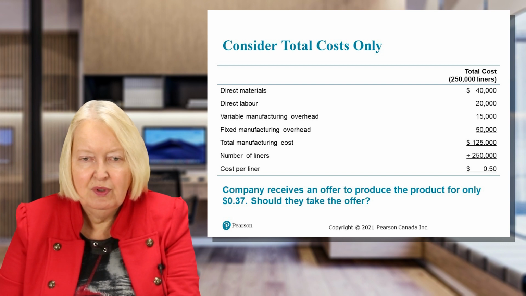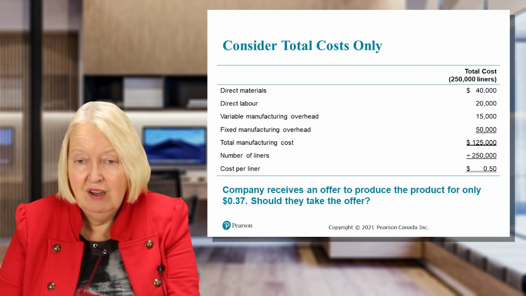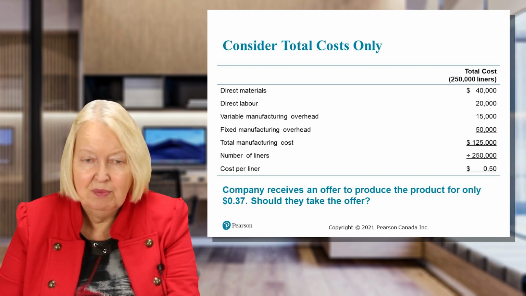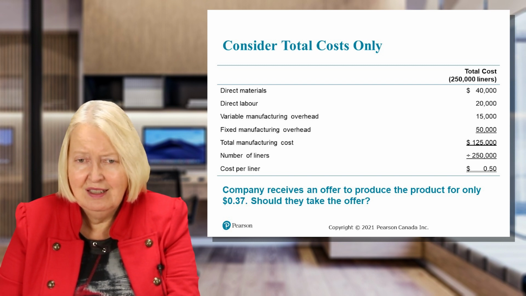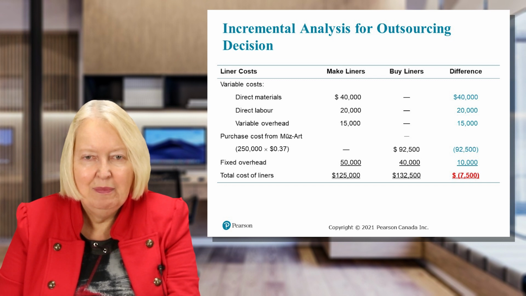So the cost per unit is 50 cents per liner. If the company receives an offer from another company to make that product for you, and they're only going to charge you 37 cents per liner, that seems like a good idea. But again, maybe not. Let's see. So this is what happens.